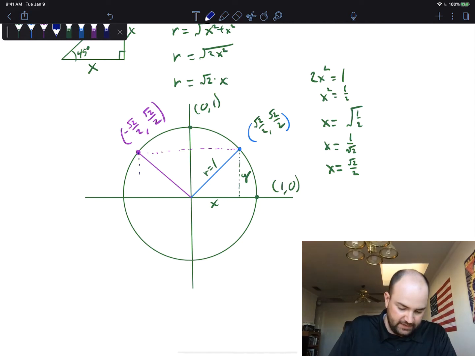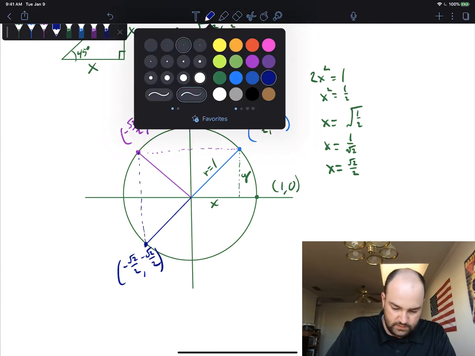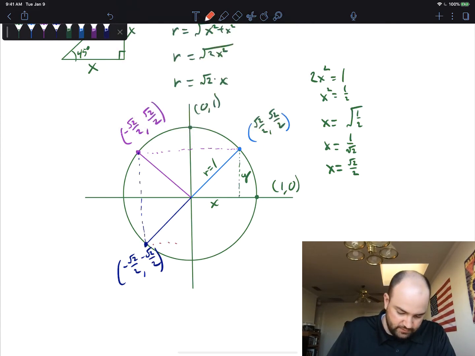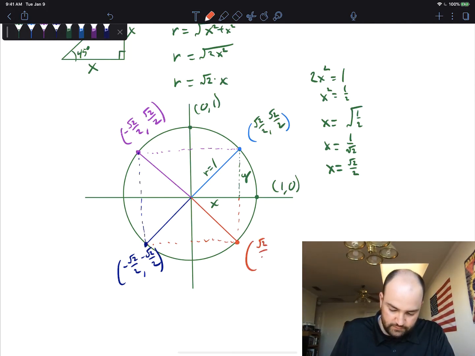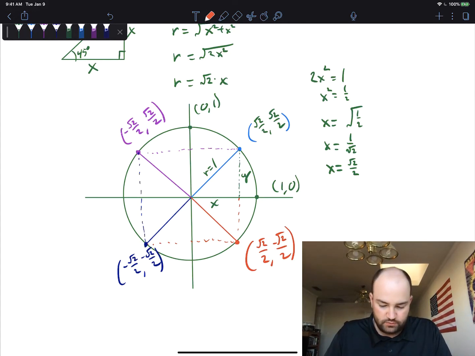If we reflect it down to the other side, that coordinate would be negative root 2 over 2, negative root 2 over 2. And reflecting the other direction gives positive root 2 over 2, negative root 2 over 2. Good, and these are the values on the unit circle.